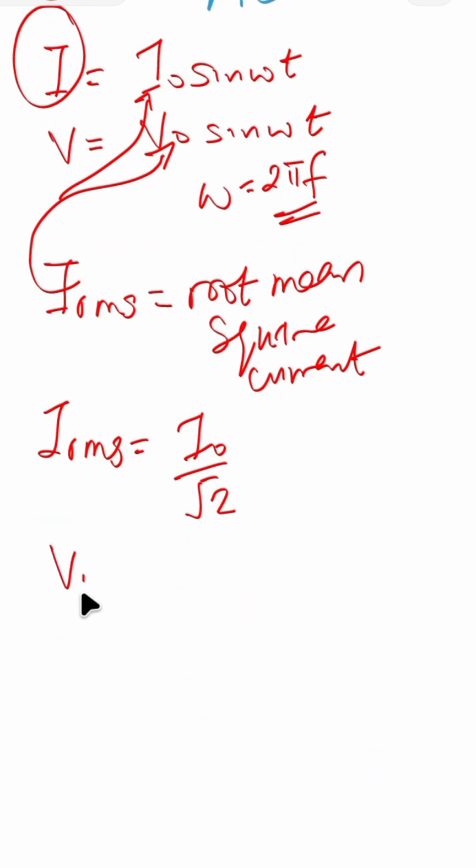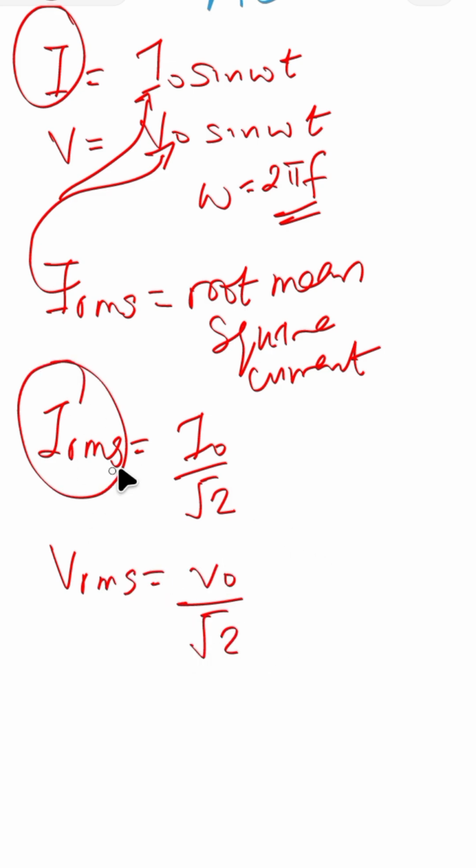Then you also have VRMS is equal to V naught over root 2. So what is the meaning of this IRMS? This IRMS is the value of the AC current that will act as a direct current when it is connected to the same resistor. So it is defined as the value of the DC current that will have the same heating effect in a particular resistor as the AC current. So this is the formula that joins the two of them.